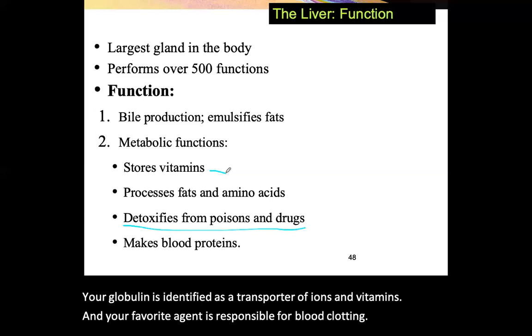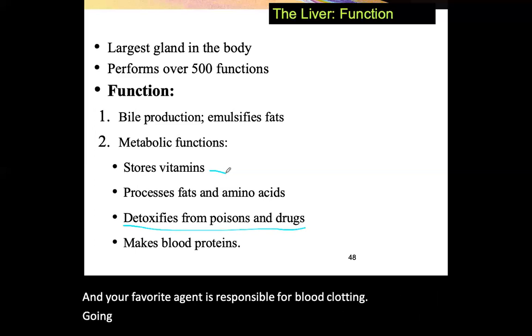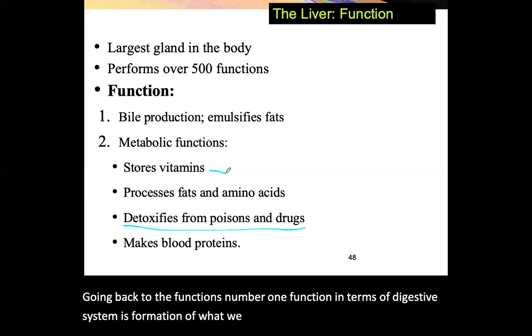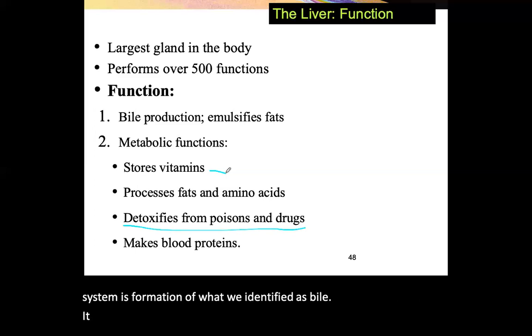Now, going back to the functions, number one function in terms of digestive system is formation of what we identified as bile. It allows for emulsification of fat. So what does that mean? So think about the environment of our body.